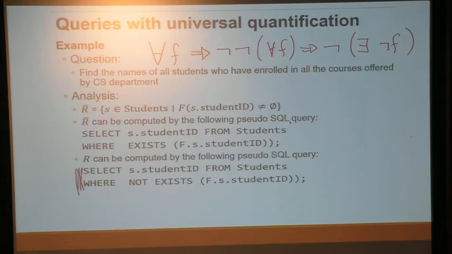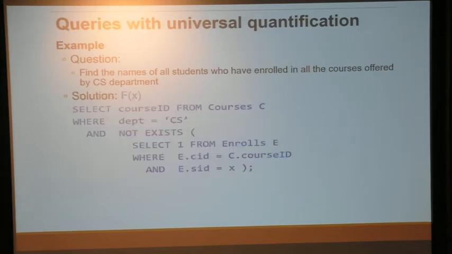And then if you just insert it into a larger query, this is what we will have. This is for a particular F of x, and obviously this is the F inside.